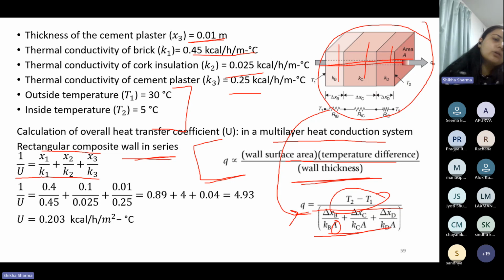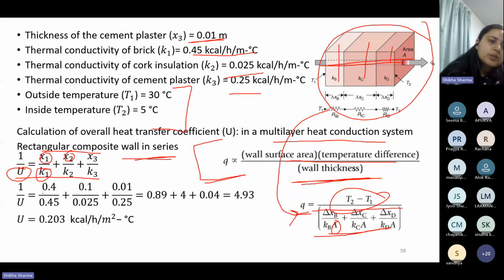This is the formula for the overall heat transfer coefficient U, where x is the thickness of the different layers and k is the thermal conductivity.